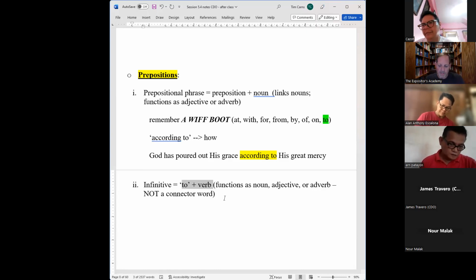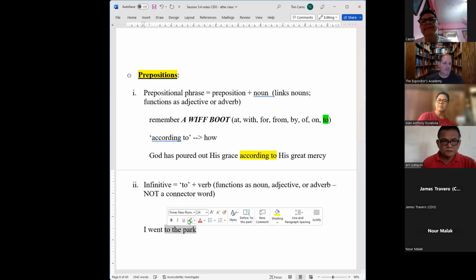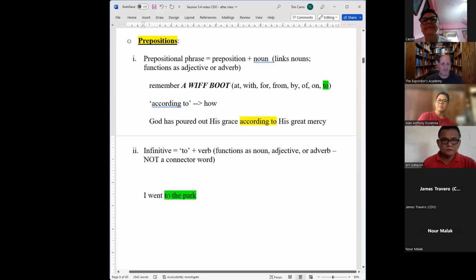An infinitive generally, sometimes it acts like a connector word, usually doesn't, but sometimes it can, but it's not the same as, so for example, if we're looking at, I went to the park, okay? So here, to the park is a prepositional phrase. Notice it's to plus a noun.